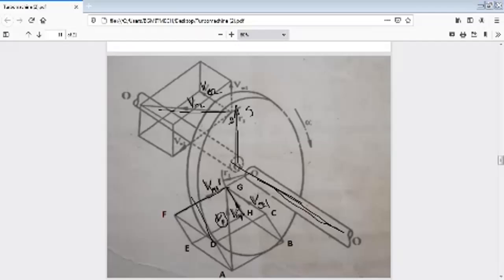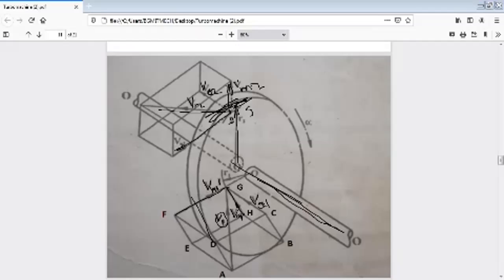And this is the radial direction, this is the radius, so that will be VM2. And if you draw a tangent along the surface of this rotor, then we will have a tangential flow component.